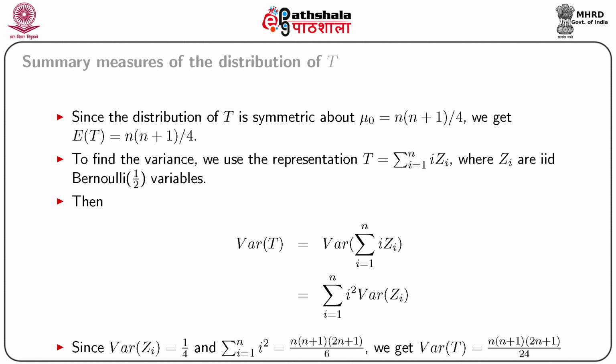Now, variance of Zi is 1/4 and summation i from 1 to n of i squared, that is, the sum of the squares of the first n natural numbers, is n(n+1)(2n+1)/6, and hence finally we get the expression that variance of T equal to n(n+1)(2n+1)/24.